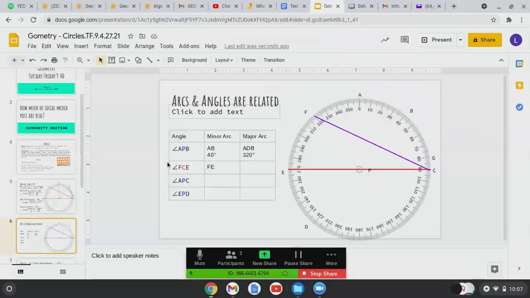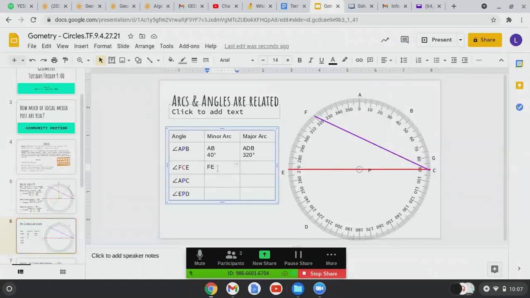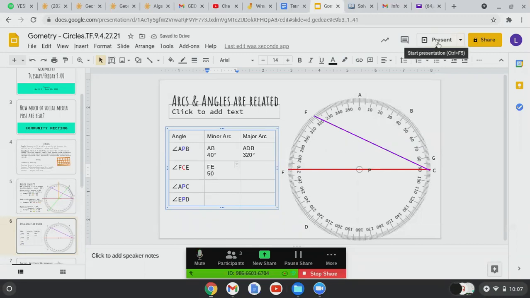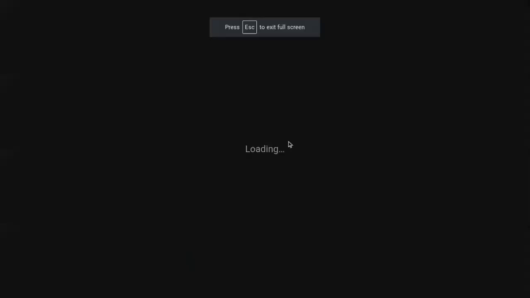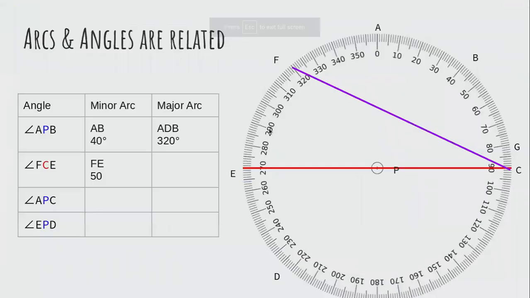All right, so now, if we take this small piece, this 50-degree piece out of the circle, then what would be the major arc?